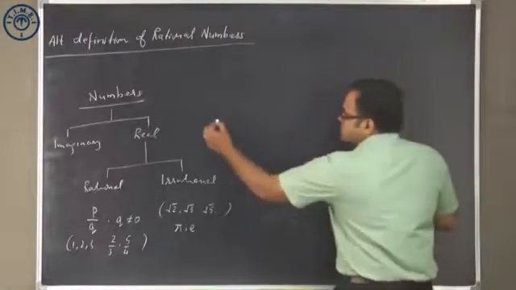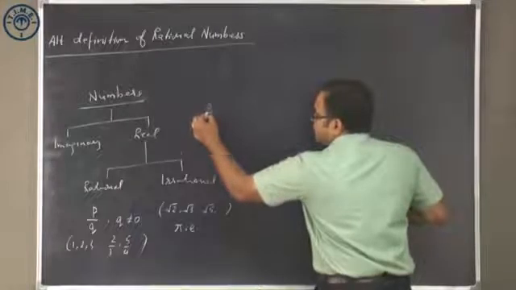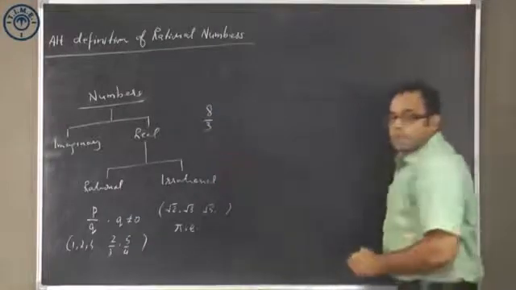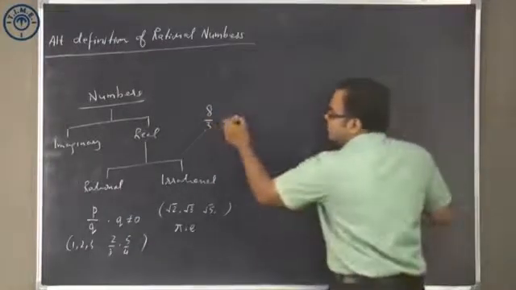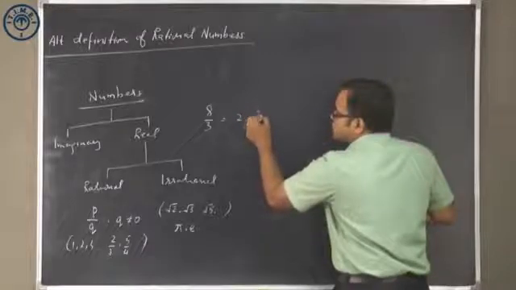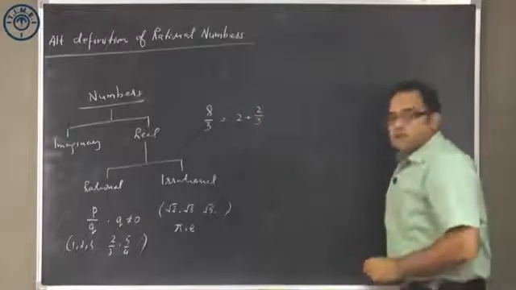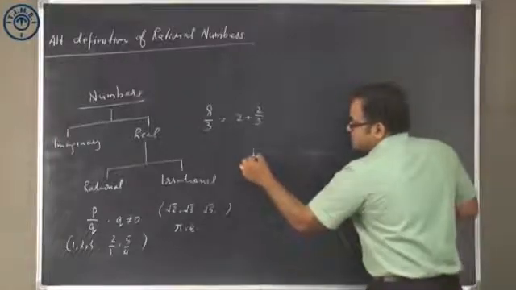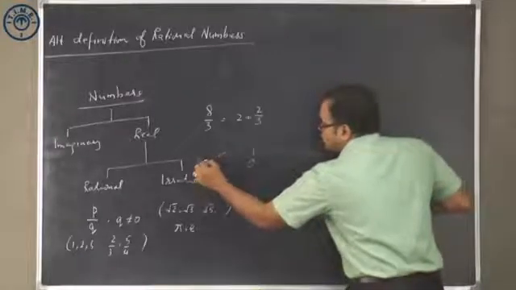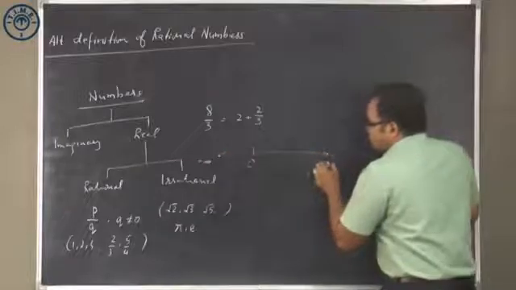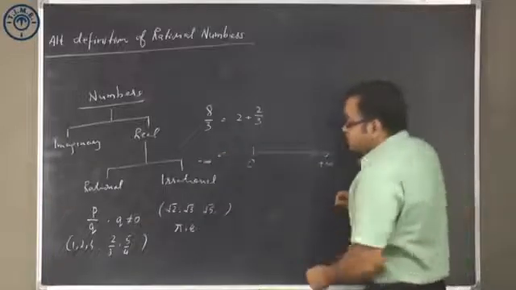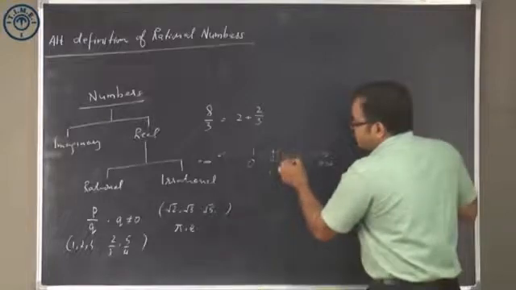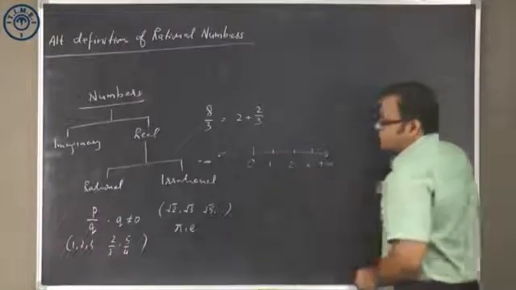Suppose a number is, let's say, 8 upon 3. 8 upon 3 is equal to 2 plus 2 upon 3. In order to represent 2 plus 2 upon 3 on the number line, this is the number line, this is point 0, this goes to minus infinity, this goes to plus infinity for values of x. This point is 1, this point is 2, this point is 3.